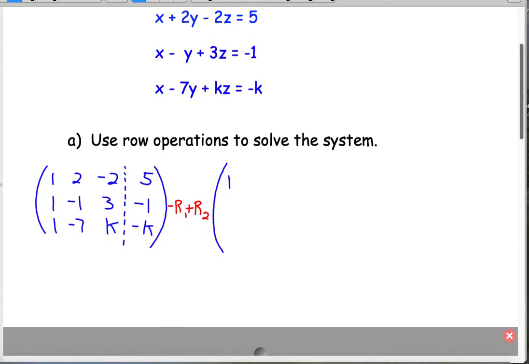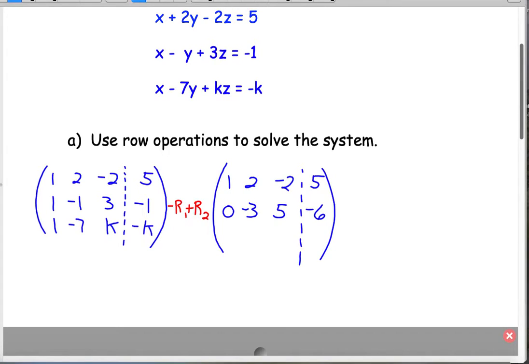So I'm not changing row 1. So 1, 2, -2, 5. And now, when I multiply the first row by -1 and add it to the second row, I'm going to get 0. -2 minus 1 is -3. +2 plus 3 is 5. -5 minus 1 is -6.